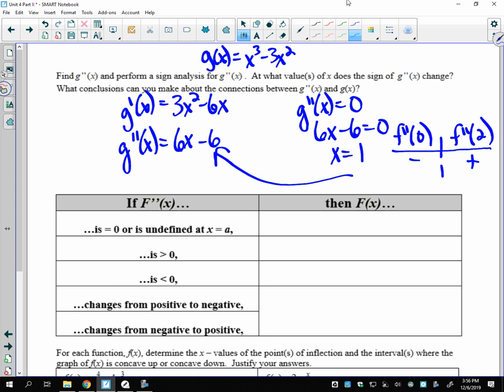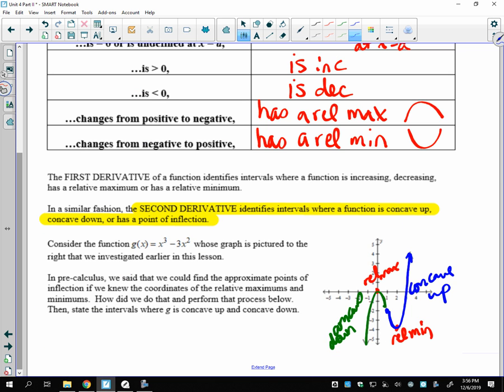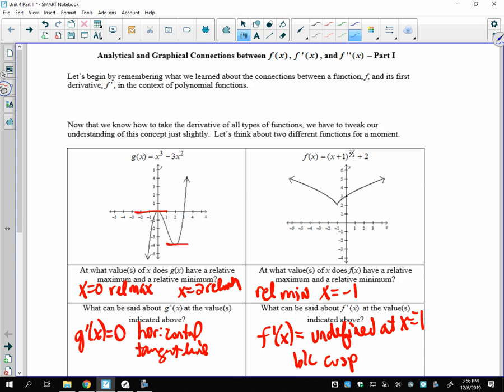What does that tell me? Second derivative tells me about concavity. So this tells me that my graph is concave down on the left side of 1 and concave up on the right side of 1. If you go back and look at that picture, you can see that I guessed that to be at 1. It's halfway in between your max and your mins, is what we call an inflection point. Okay? I went the wrong way.